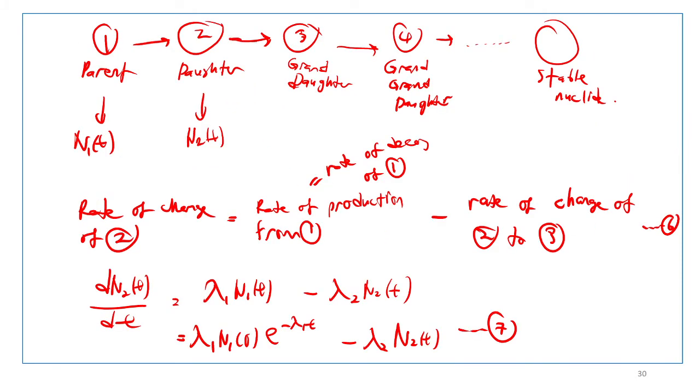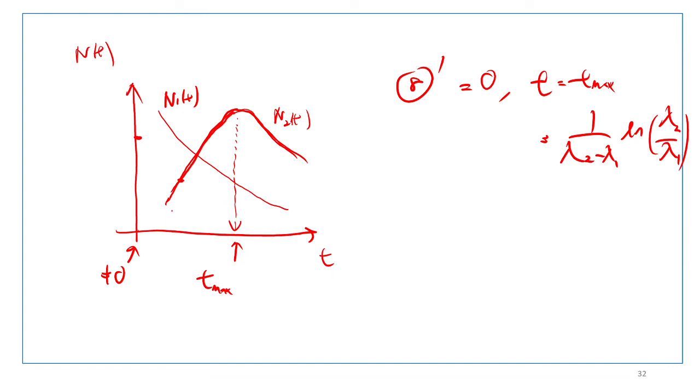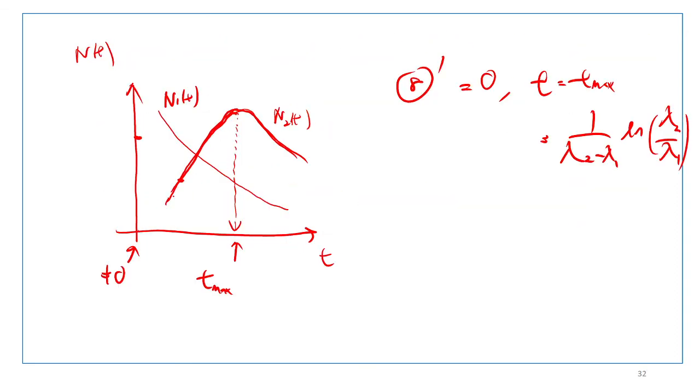It is decaying, but the rate of production of N2 is greater than the rate of decaying of N2 to N3. So it appears increasing, and after that it decreases.